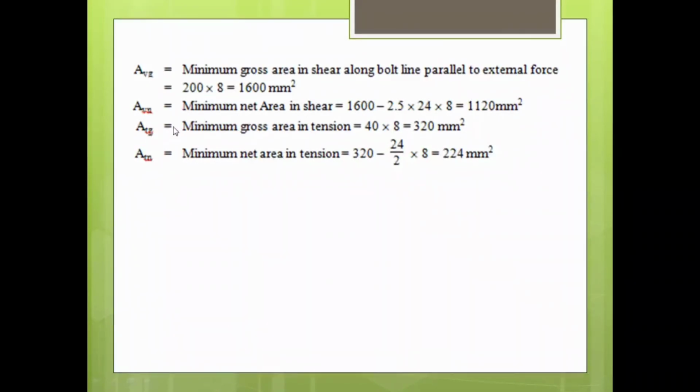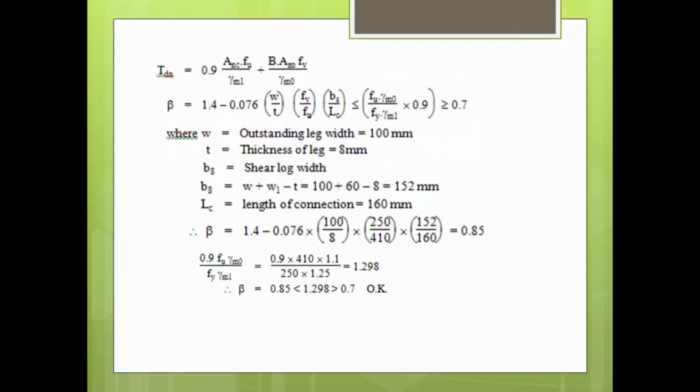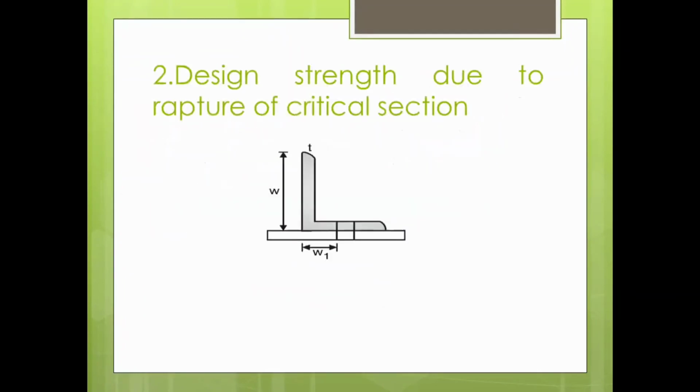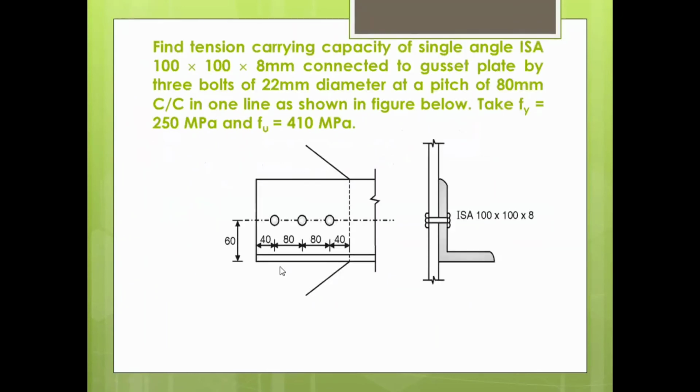Then Atg, the minimum gross area in tension, is 40 into 8. Where has this 40 come from? We have not considered some part while calculating the gross area, and that is here, 40 into 8. This is the minimum gross area.